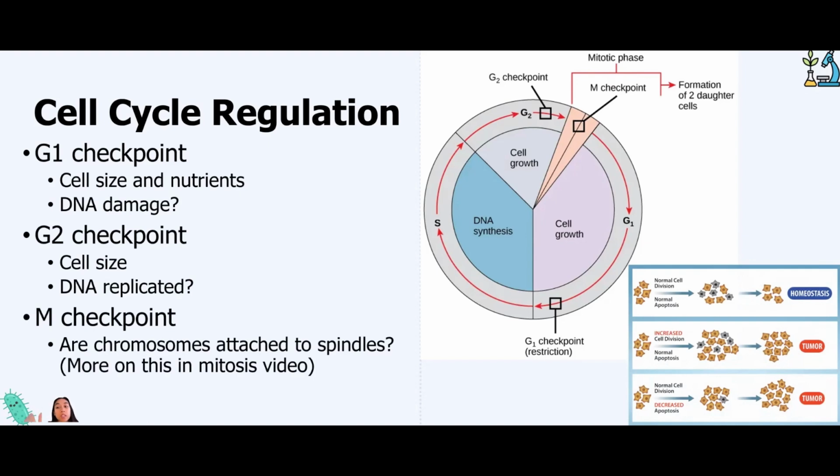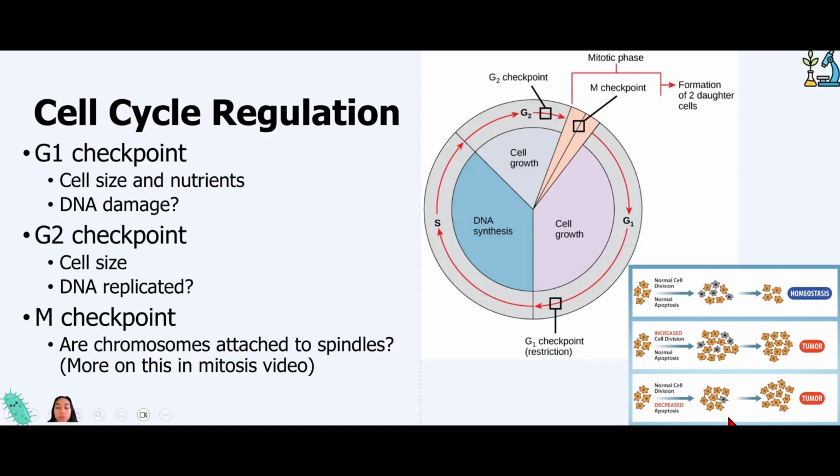Regulation of the cell cycle is extremely important because regular cell division is something that happens in the human body. But increased cell division is going to be an issue because if one of these checkpoints is not working properly, your cells are going to be dividing out of control, and that can lead to a tumor.